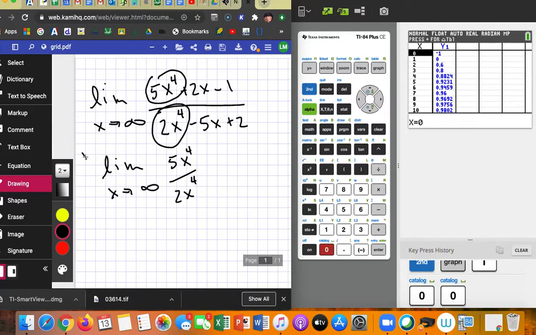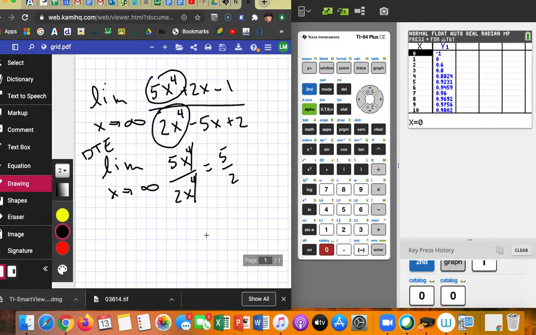I'm also going to write next to it, and I would like you to do the same, DTE, which stands for the dominating term effect. That's what I'm using. And let me clarify, I'm only using this with rational functions. If I don't have a rational function, I don't want to use this. Now that I've done that, these do mathematically cross cancel and I get 5/2.